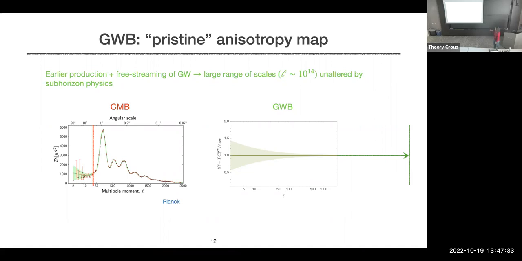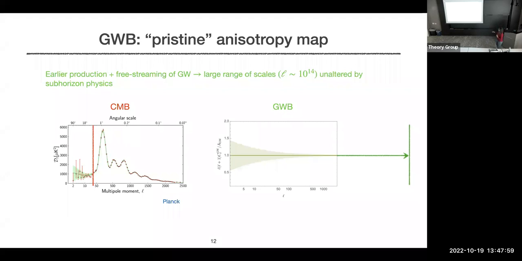And we have all seen this picture with these bumps, and we know that these bumps come from acoustic oscillations, which are a sub-horizon phenomenon, like causal physics. And it starts at L of 30 because that's the angular size corresponding to the horizon size at the time of the CMB. And before that, we see this flat spectrum, which is the scale-invariant spectrum that we expect from inflation.